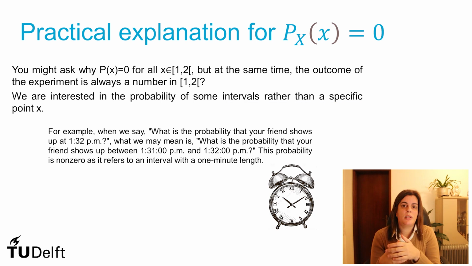So for instance, when we say, what's the probability of your friend arriving at 1:32? What we actually mean is, what's the probability of your friend arriving between 1:31 and 1:32? This probability is non-zero, as we are referring to an interval of time that has more than the length of 0.